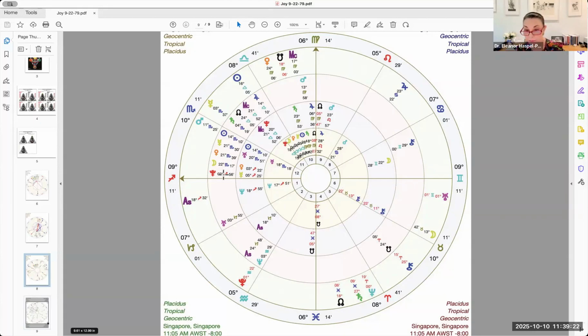Present what you're doing as a healing modality for emotional energy. Yeah, that's actually exactly right. That's what I'm doing. Exactly.